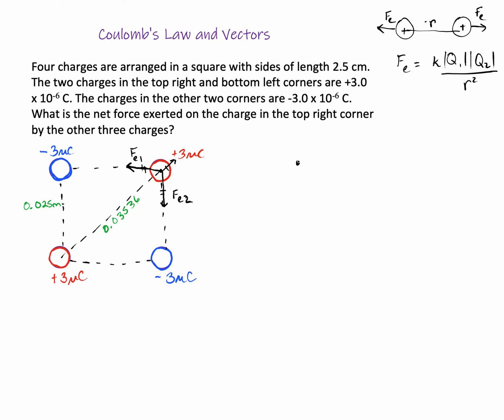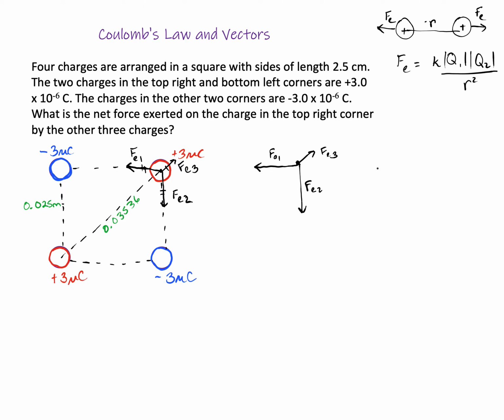Okay, so now that we know what's happening here, oh, and I need to label this, and we'll label it FE3. So I'm going to draw my force diagram here, and I'm going to show that these two are pulling it in either direction. I'll label that FE1, FE2, and this one's pushing it, which is FE3.